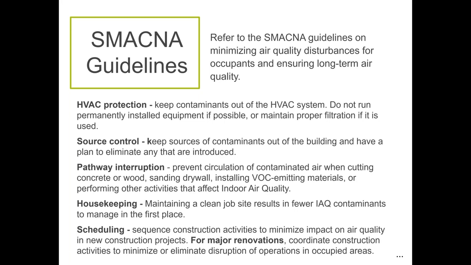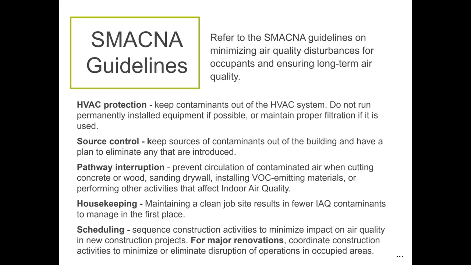Pathway interruption. So you just want to prevent any circulation of any dirty or contaminated, dusty air when you're cutting materials or sanding, using any products that have VOCs that are emitting. So just being considerate of what is flowing through the air and what you can isolate and prevent.